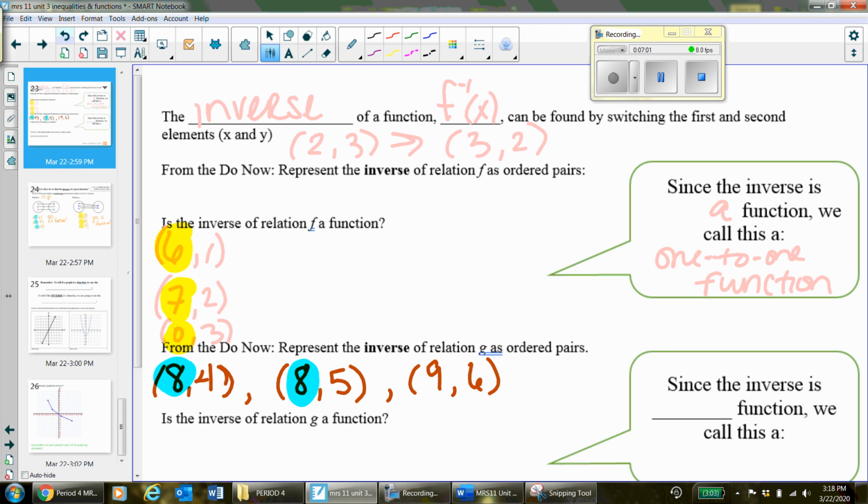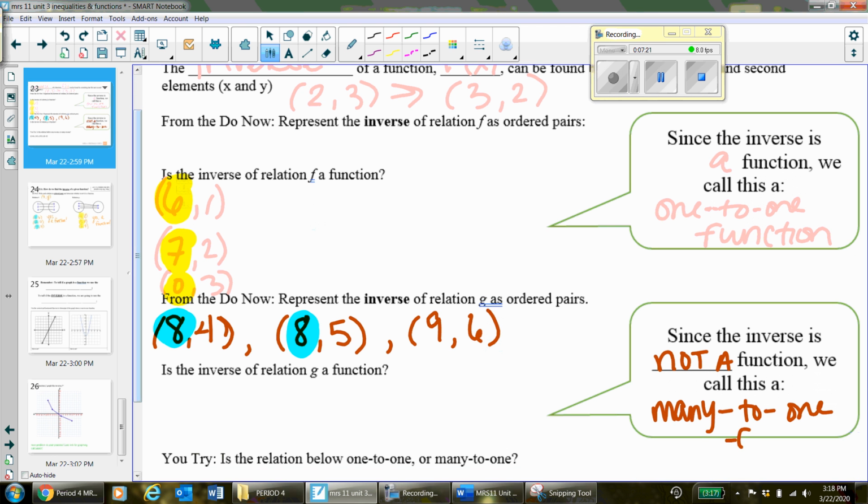Okay, sorry about that. Since the inverse is not a function, we call this a many-to-one function.